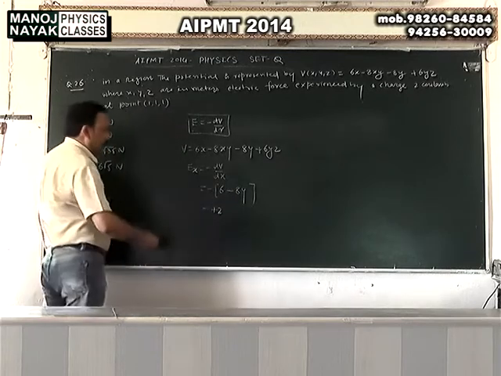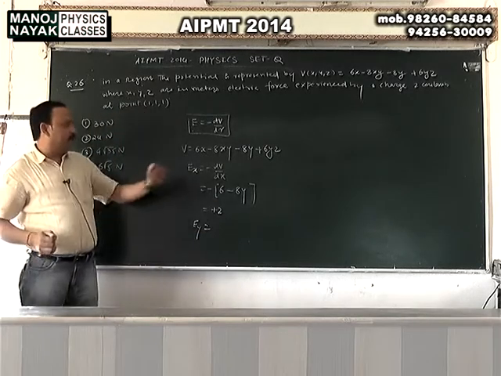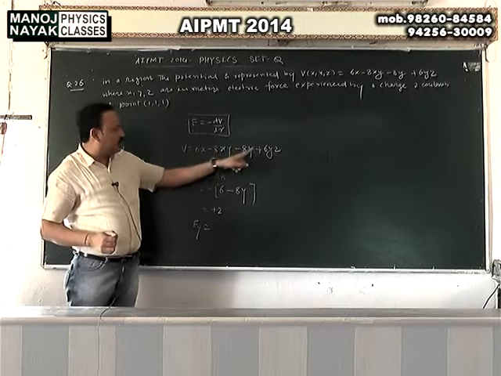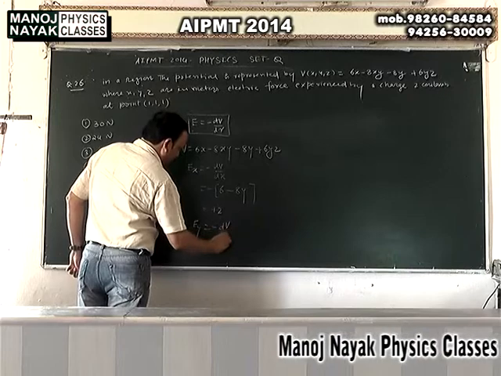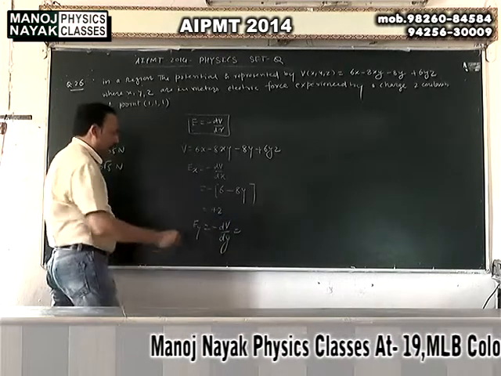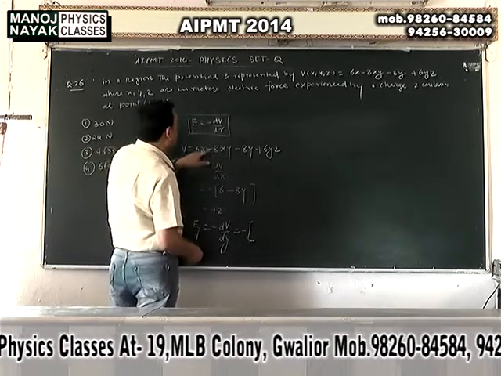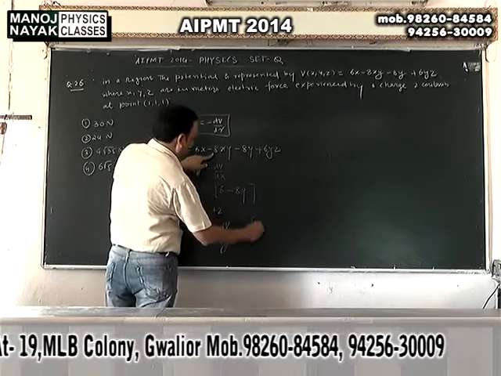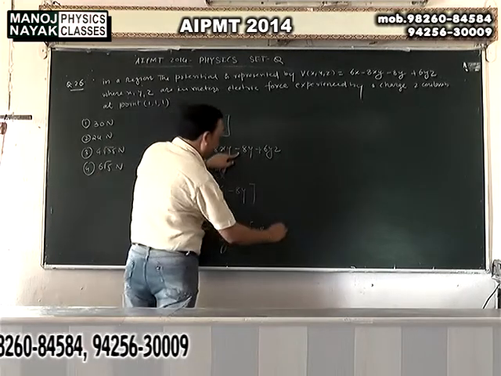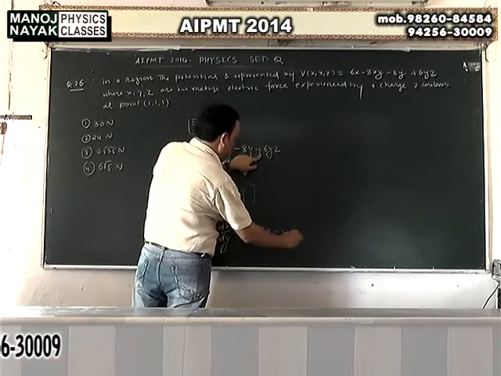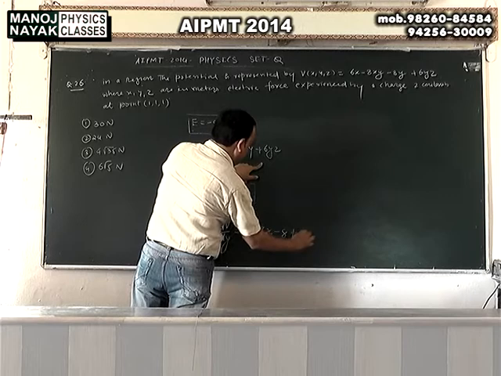Okay. Similarly, we can get Ey, electric field in y direction. Differentiate this equation with respect to y, again, then minus: 6x differential with respect to y is 0, differential of 8xy is 8x, differential of minus 8y is minus 8, plus differential of 6yz with respect to y is plus 6z.